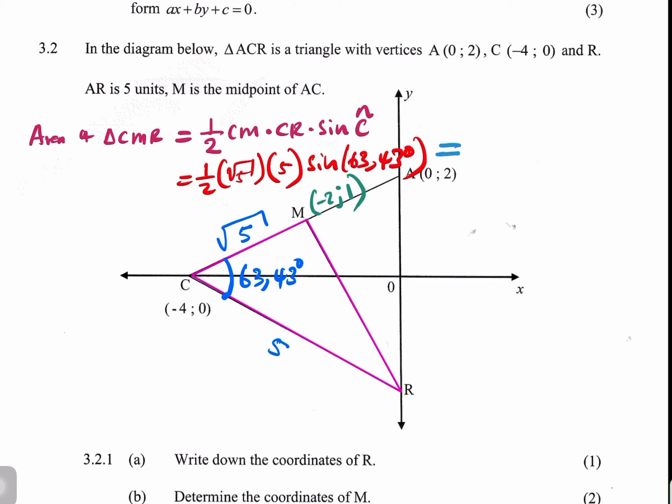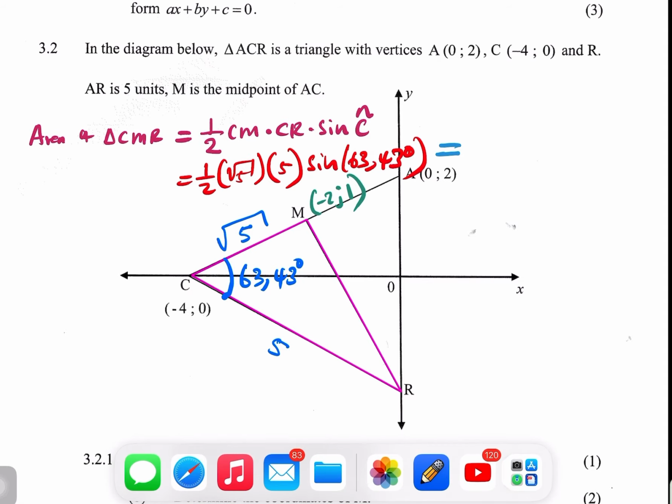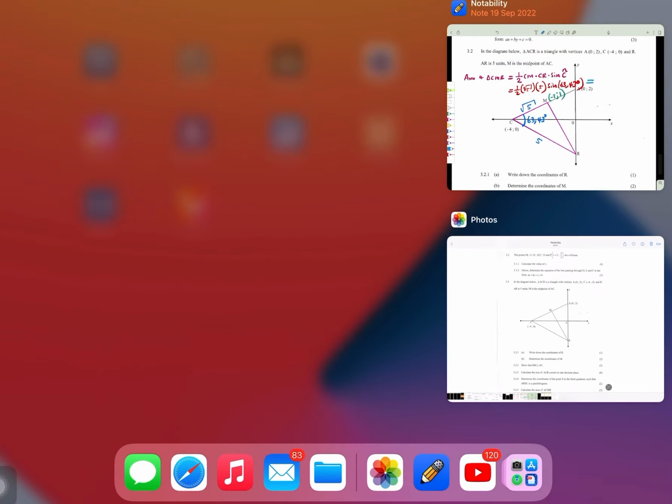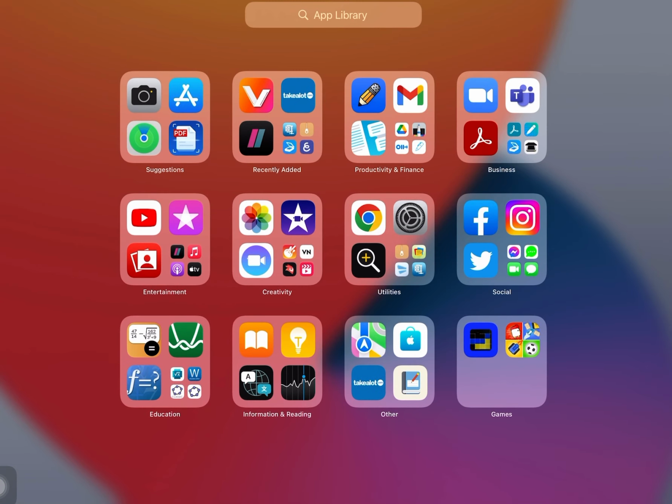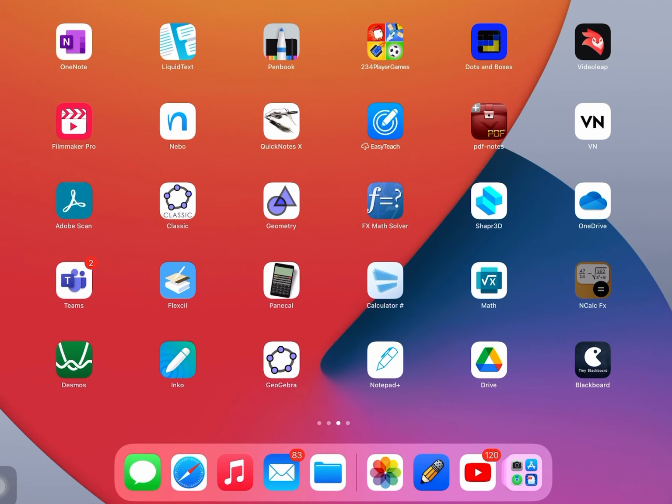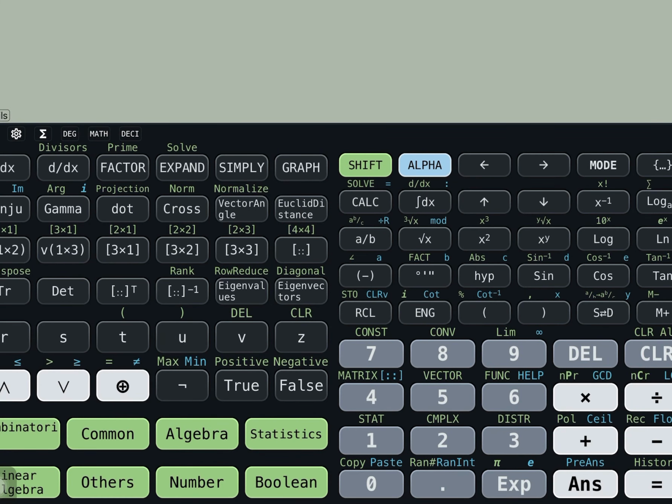Let me retype it again. In fact, let me do it with you here computationally. Where are my calculators? Should be this one.